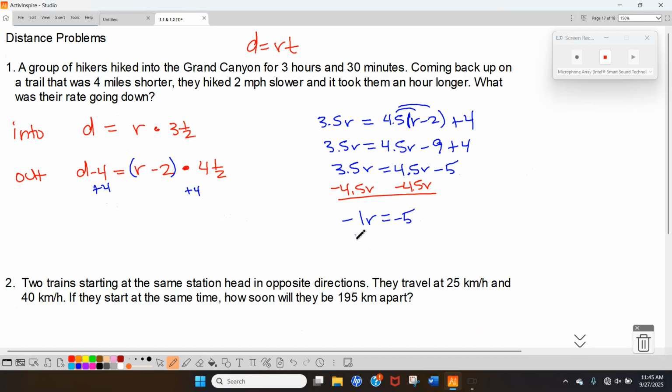And you have to show this too, even though it's super obvious on a test. If you don't show you're dividing by negative 1, I have to take a point off, so make sure that you're showing that. And we get that r is 5, and that is their rate. So going into the Grand Canyon, they were going 5 miles an hour.